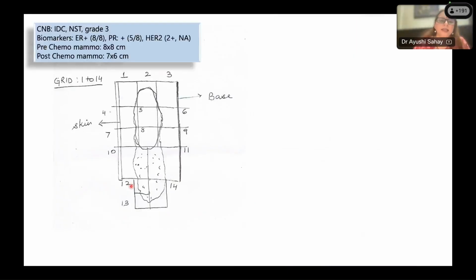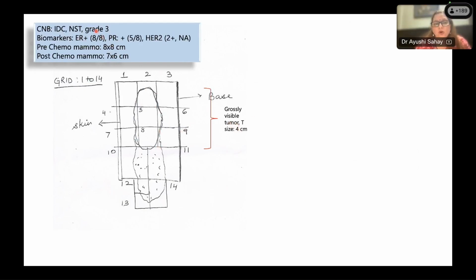Now this is another case in which the patient had a biomarker ER/PR positive tumor, which was HER2 negative. The pre-chemo size was given as 8 by 8 and the post-chemo as 7 by 6. But what the resident saw grossly was a tumor of around 4 centimeter, grossly visible.